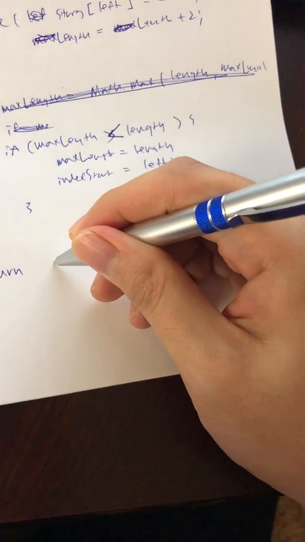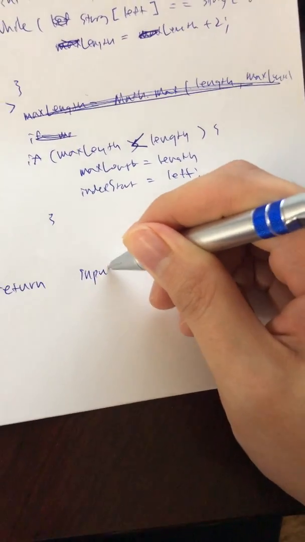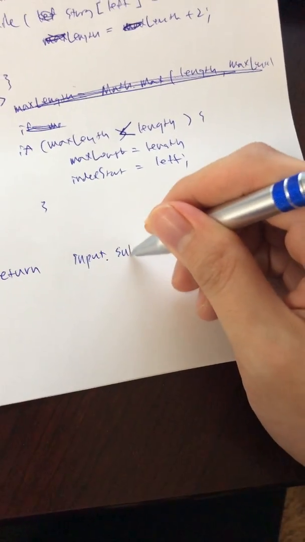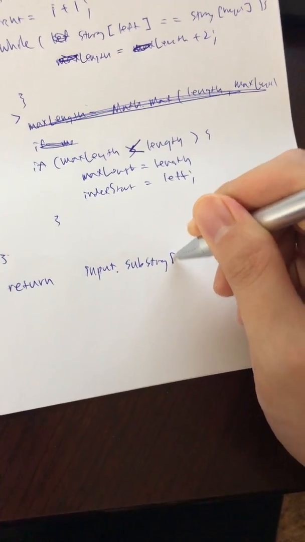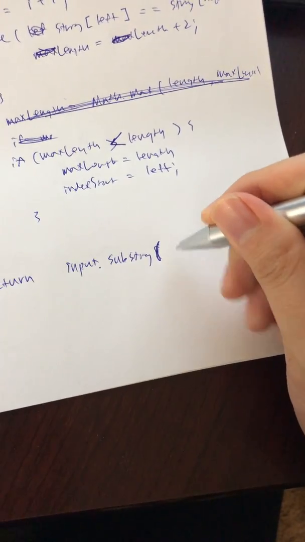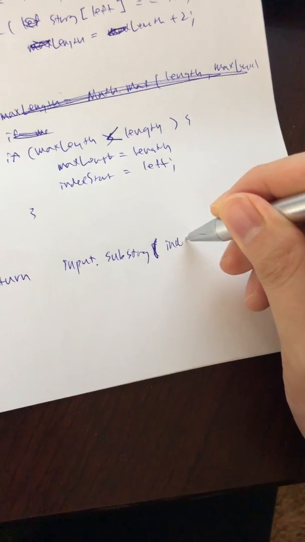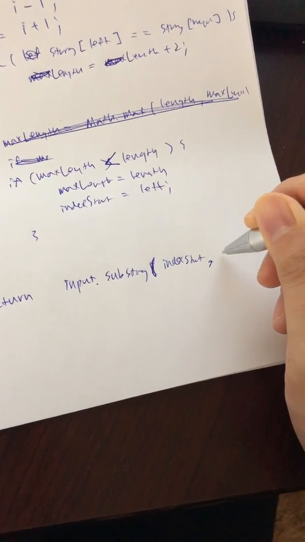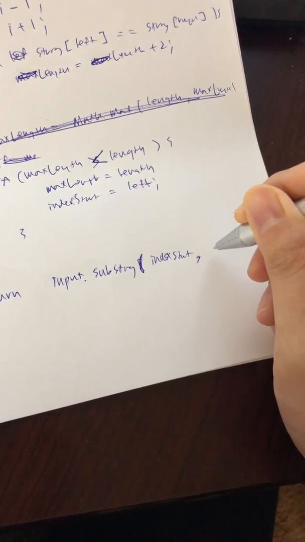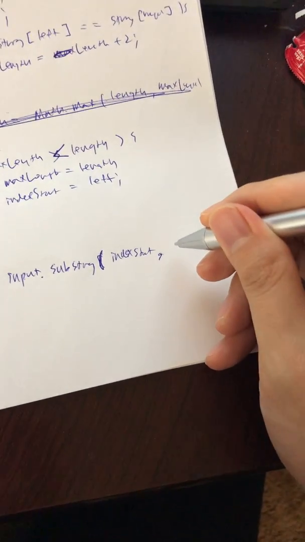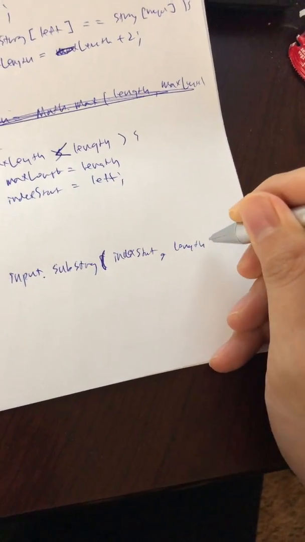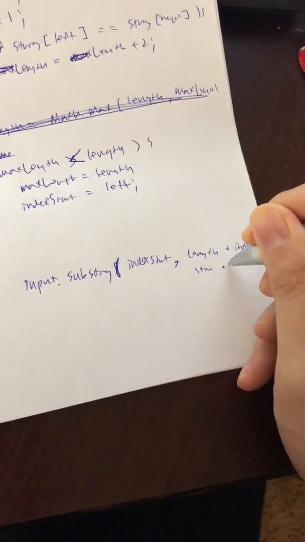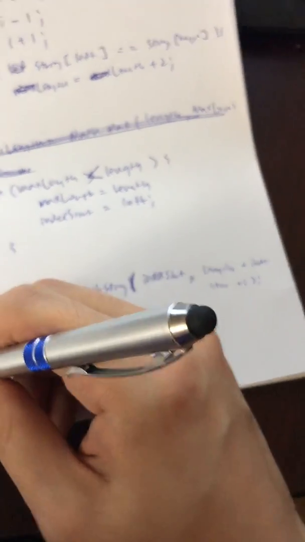Return input dot substring, index start, because it's inclusive, and length plus index start plus 1, because that's exclusive. So that's it.